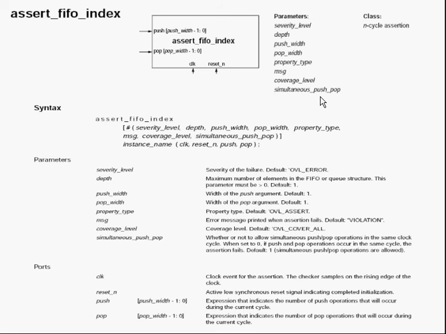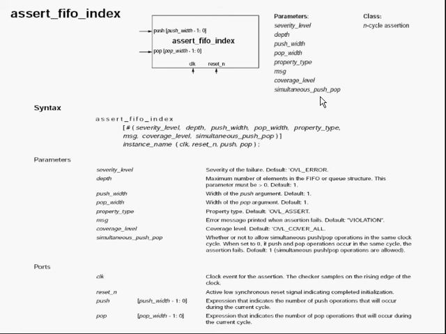We have to mention the depth, pulse width, push width, pop width, then simultaneous push and pop. Can you tell me what is push and what is pop? Push means you are writing the data. Pop means you are reading the data.